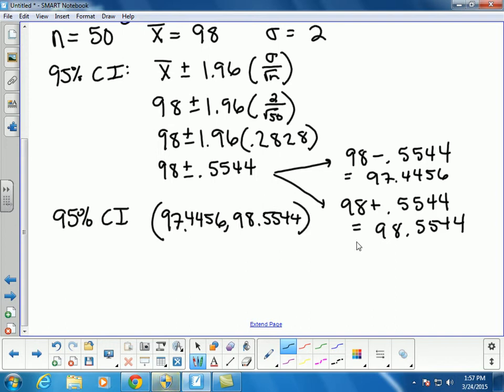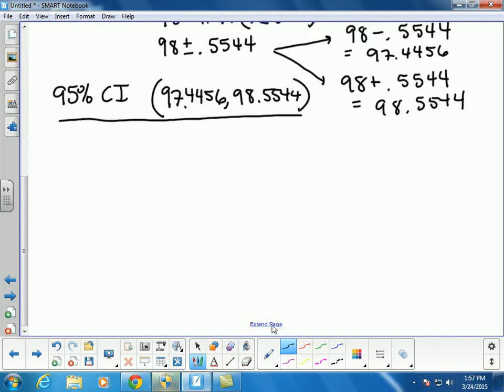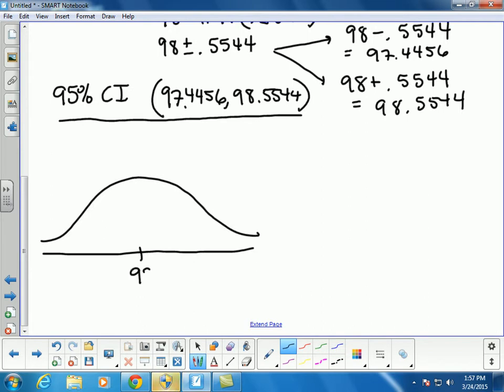And that's the answer for the 95% confidence interval. The graph working alongside this in the background shows that this confidence interval is based around 98 and bounded by 98.5544 and 97.4456.